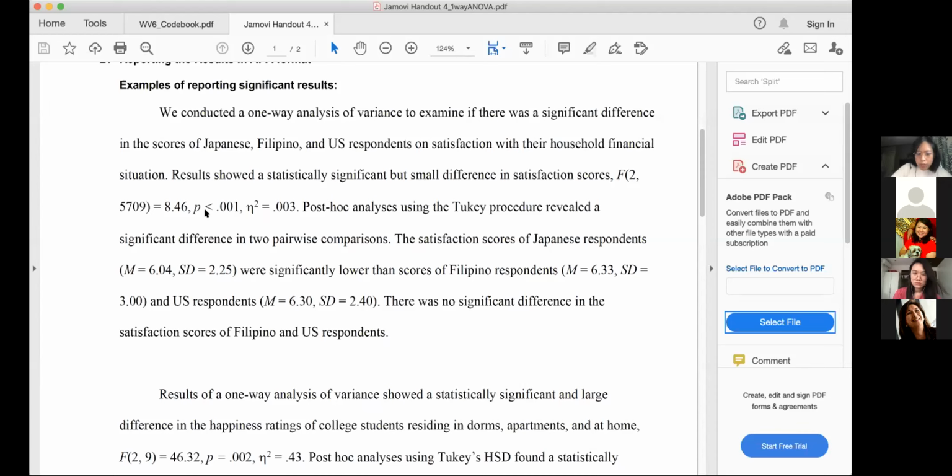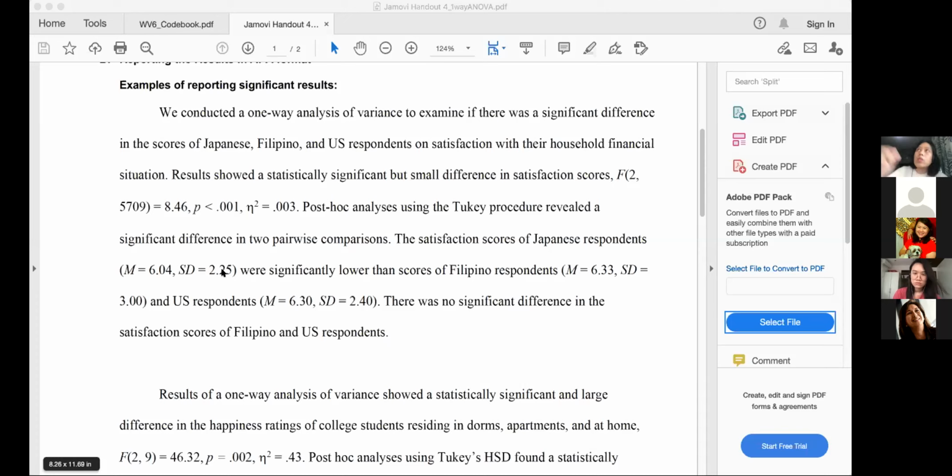Okay, Vika, what are you asking? Ma'am, if it's F and then parenthesis 2, 5709, where do we get that, the DF, the ones inside the parenthesis? I think in the example in the module, I got a different answer from the rest because I'm not sure. When I saw how the other people did it, I think it's different between the one-way ANOVA and the actual ANOVA in Jamovi.